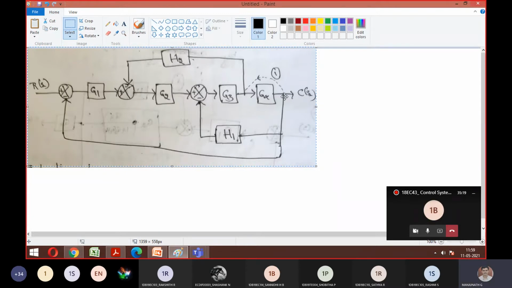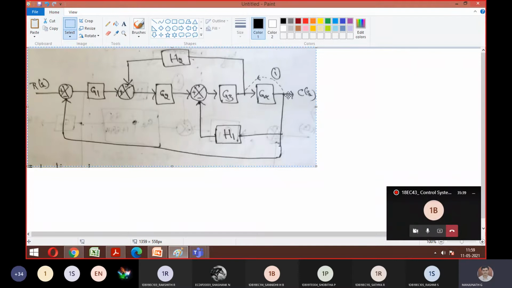If you shift this branch point, it involves H1 also. If you shift this here, what will happen? So which way are you shifting the branch point, ahead or before? Before.